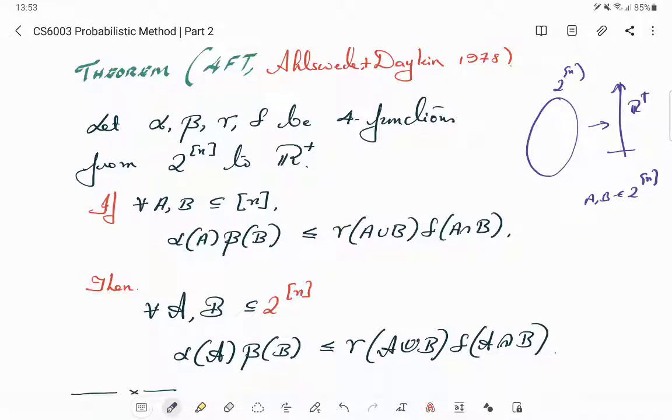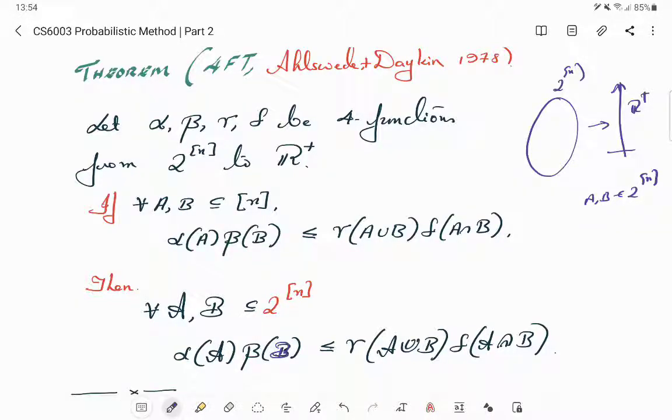And we claim that the same expression holds, but with script A taking the role of capital A, script B taking the role of capital B, the pairwise union of families taking the role of the set union, and the pairwise intersection of the families taking the role of the set intersection.